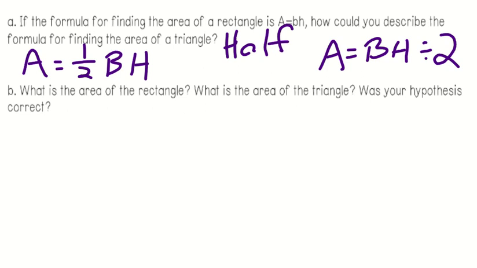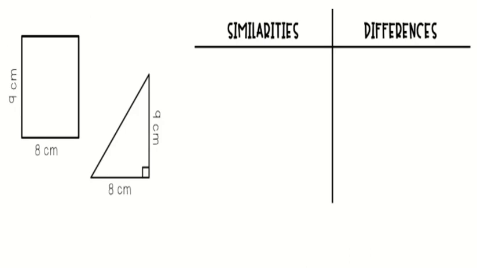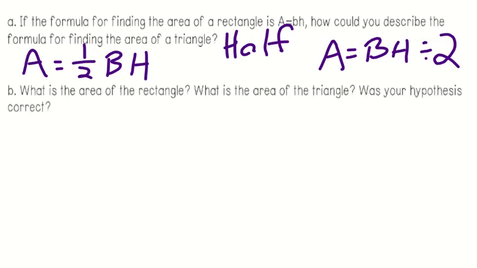All right, so if we look at the rectangle, we got a base of 8, height of 9. What's the area on the rectangle? Yeah, so our rectangle is 72.